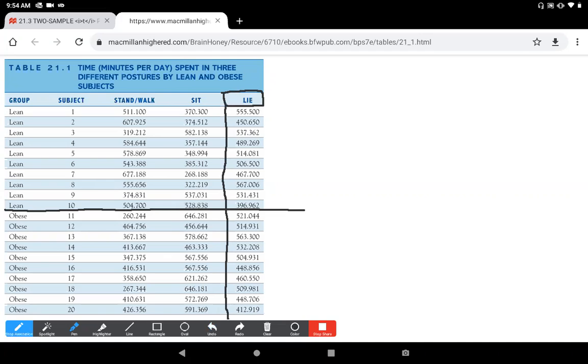I inputted these 10 pieces of data, and secondly these 10.